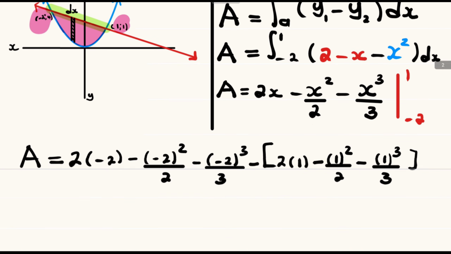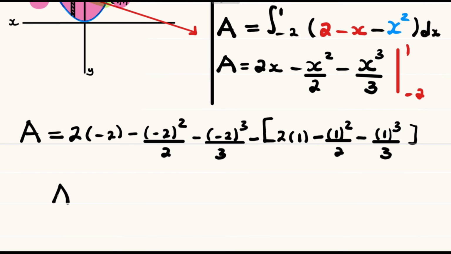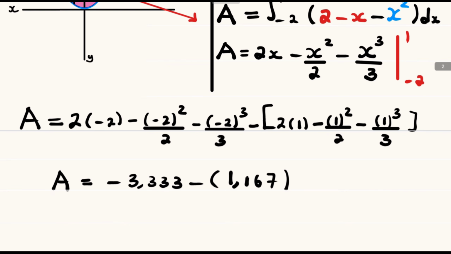So our area, the negative 2 part, will be equal negative 3.33, and the 1 part will be equal 1.167, and this will be equal negative 4.5.